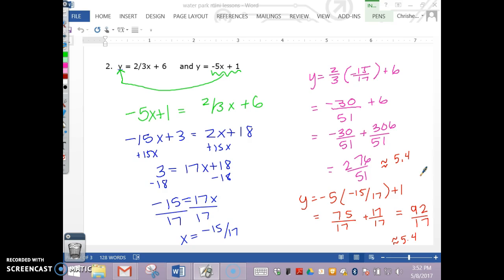It's 276 divided by 3, 92. Okay, yep. So here's my answer. Negative 15 over 17, and then 92 over 17. 17 is prime, and 92 is not divisible by 17, so that's as low as we can reduce this. All right, that's it.